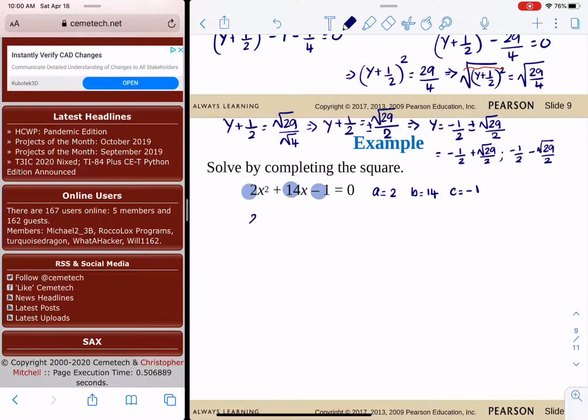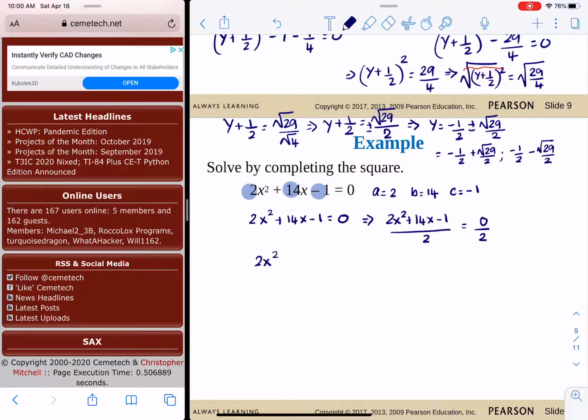You take the equation and you divide by the value of a on both sides. And you will see that 2 is a common denominator to every single term in the numerator.